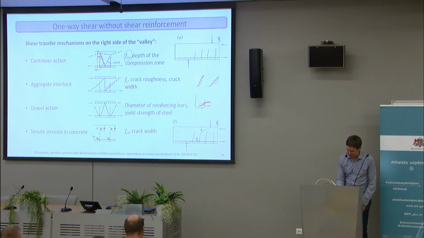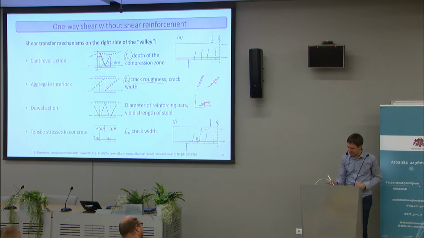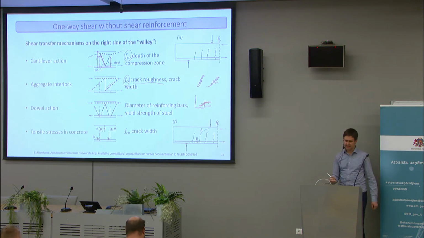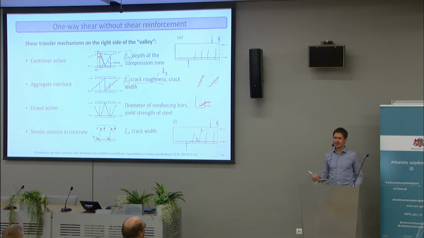Then with aggregate interlock, it's the crushing strength of concrete between the roughnesses of the cracks, how rough the crack is and how wide the crack is. The crack roughness is normally described with the aggregate size. So d_g is the maximum aggregate size, used as a measure of the roughness of the crack.